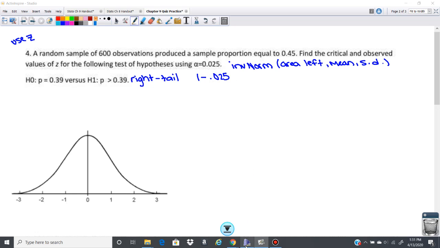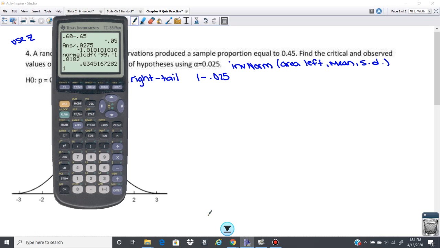That'll give us, I believe, 0.975 for our area to the left. So we're going to go second vars or distribution, inverse norm, 0.975. Then we have standardized our scores, so we're always using 0 and 1 for our mean and standard deviation here. So that's going to give us 1.96, and that is going to be our Z value.